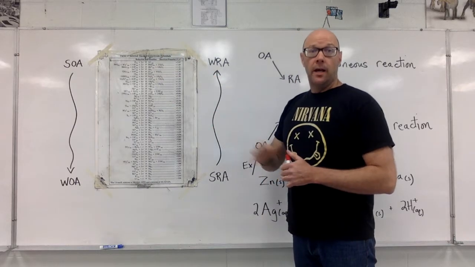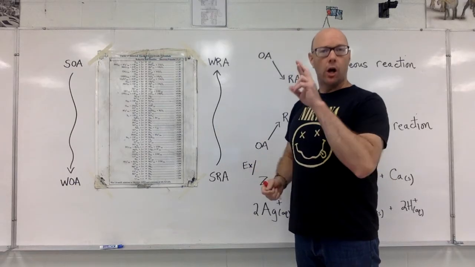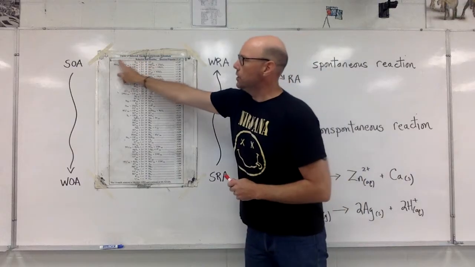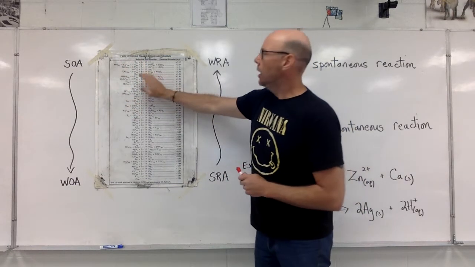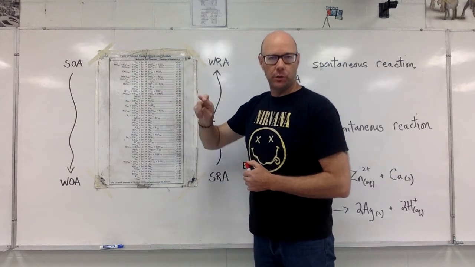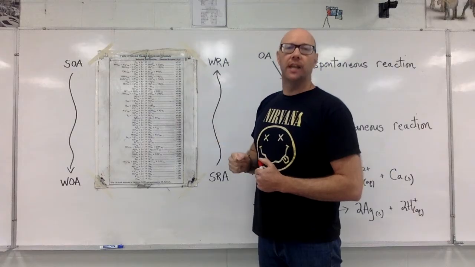It's important to note that some oxidizing agents and some reducing agents are a combination of two chemicals. Especially here in the top left-hand area, we have many situations where we have an anion in combination with hydrogen ions acting as fairly strong oxidizing agents.